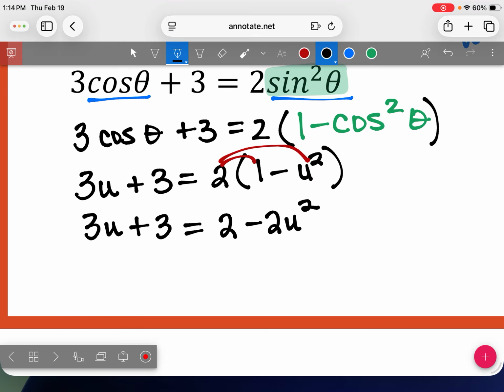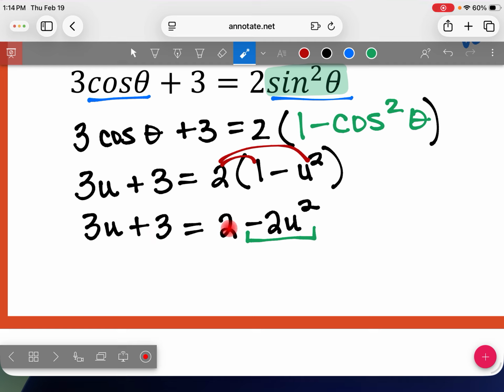Okay, now, who wants to use the quadratic formula? Nobody, right? So, in order to avoid using the quadratic formula, the term that is squared has to be positive. This has to be a positive number. So, what I'm going to do is I'm going to bring these two to the left.